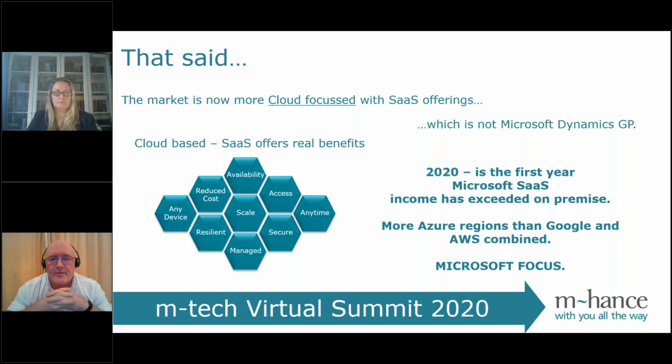We have just been through an exercise with the pandemic, where if you were on premise, it was often quite difficult to get access to your systems when you're working from home. And for a number of our Microsoft Dynamics GP clients, we actually migrated them into an Azure cloud to make that access more readily available. But SaaS has other benefits as well.